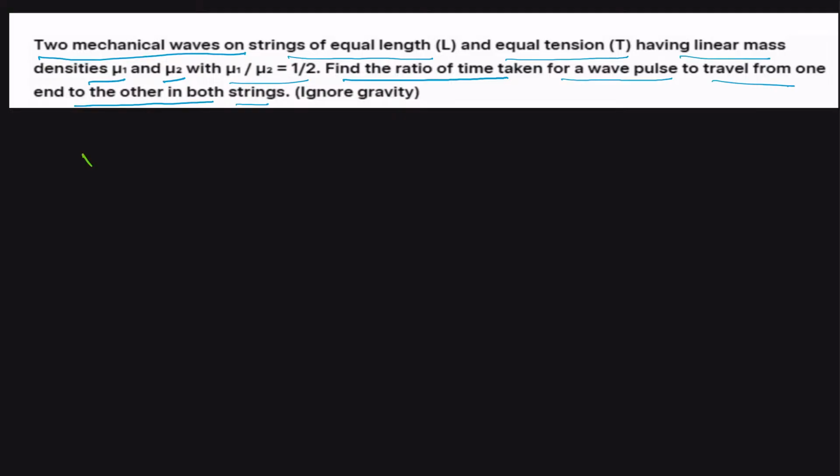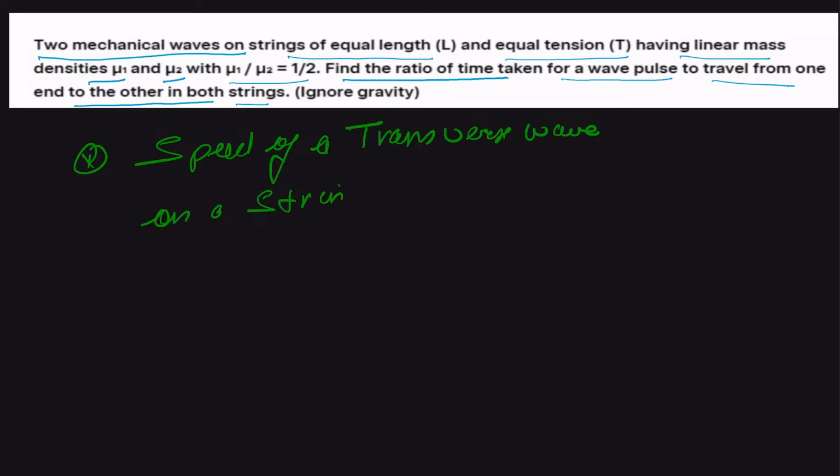So we know that the speed of a transverse wave on a string, suppose that is our v, is equal to the square root of T upon mu, and they are having the same tension, so wave speed is only dependent upon the linear mass density, that is our mu.